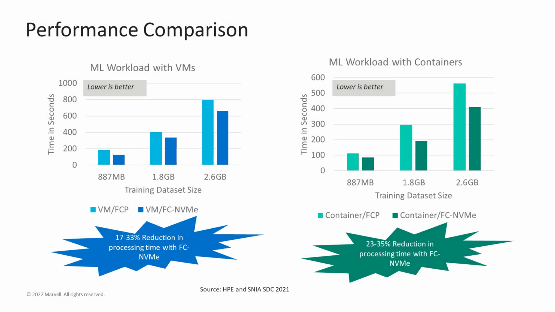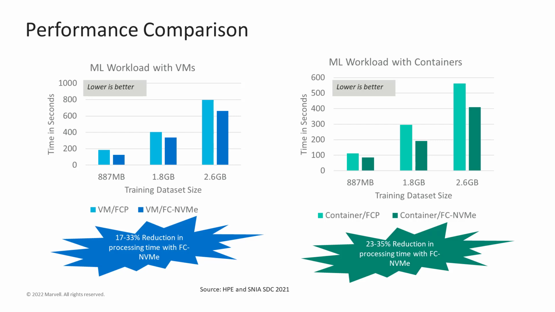Here's data that was presented by the folks at Hewlett-Packard Enterprise at SNIA's Storage Developers Conference in September of 2021, showing performance of Fibre Channel SCSI or FCP versus FC-NVMe with machine learning workloads.